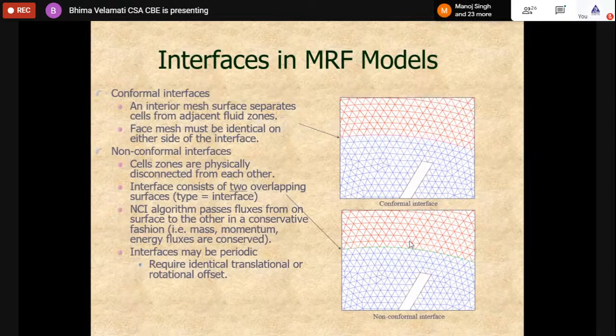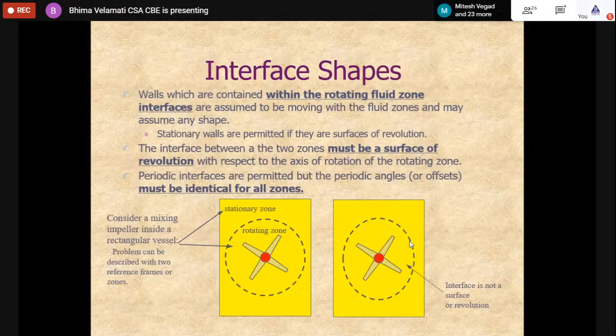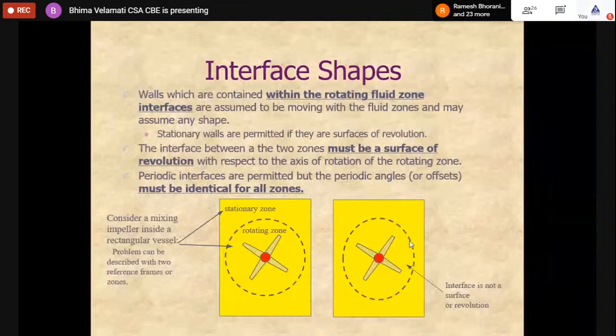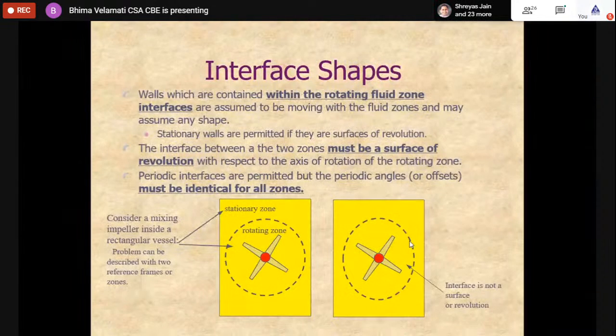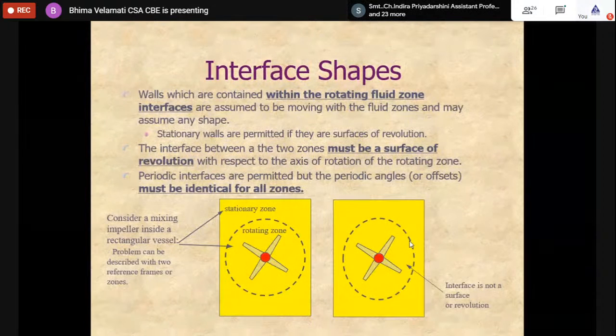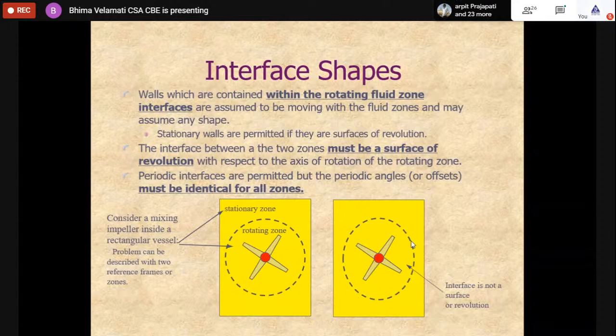Now again, you will have the same problem that we had previously with your SRF, single reference frame. The wall should be a surface of revolution. Same thing here: if you have an interface, the interface shape should be a surface of revolution. If you don't have a surface of revolution, then it will not work.